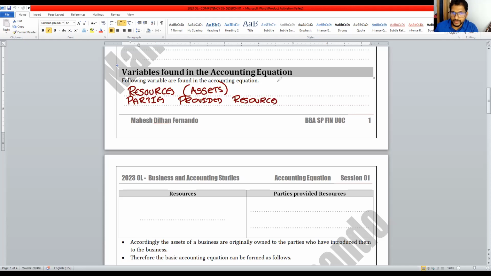Then here you have to write it this way: the resources are called assets. Sometimes the parties, there are two parties who provide the resources: owners and external parties.